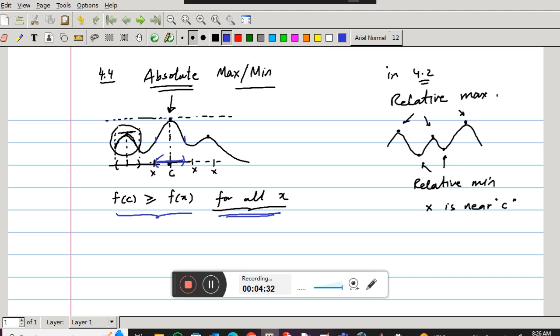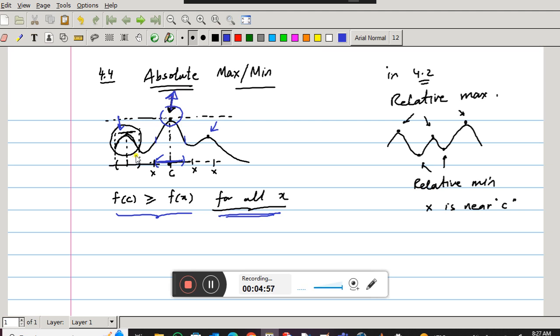Absolute power is the king or sultan of the country, right? So in your own localities, you may have your highest level. But if I consider the whole thing, you may not be the highest. So this was the relative maxima, but it is not absolute maxima. This is also the relative maxima, but not the absolute maxima. Only this point becomes the absolute maximum.